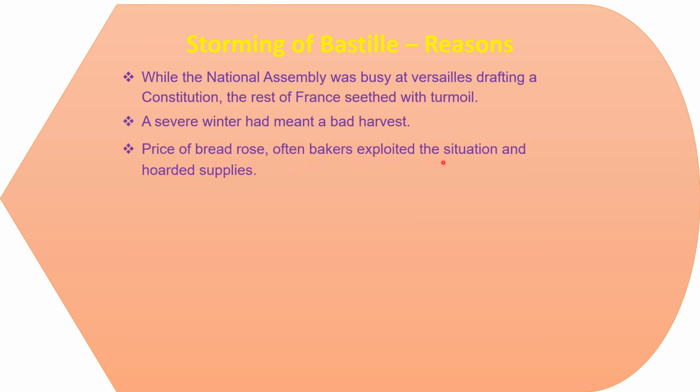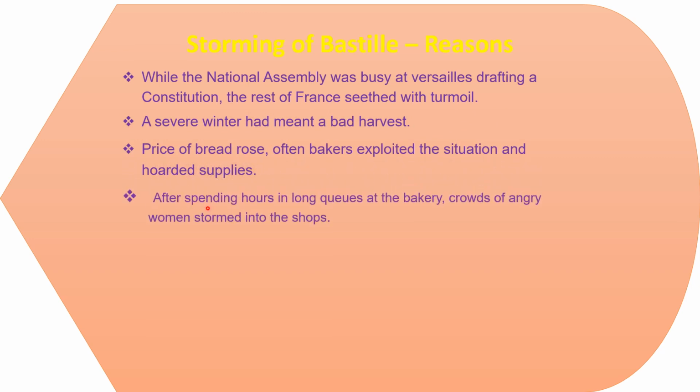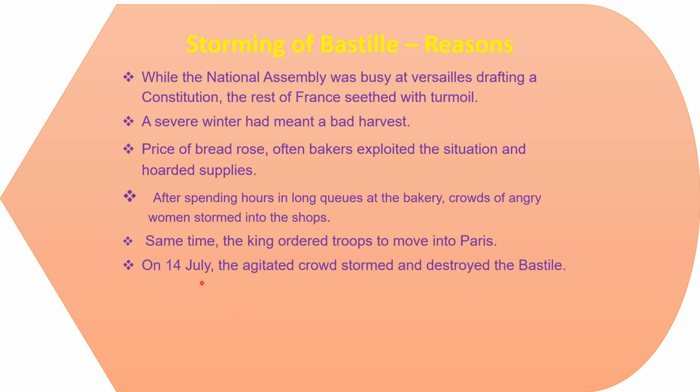Often bakers exploited the situation and hoarded supplies. After spending hours in long queues at the bakery, crowds of angry women stormed into the shops. At the same time, the king ordered troops to move into Paris. On 14 July 1789, the agitated crowd stormed and destroyed the Bastille.